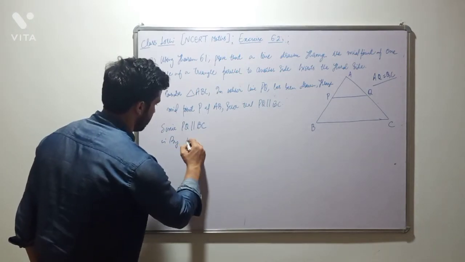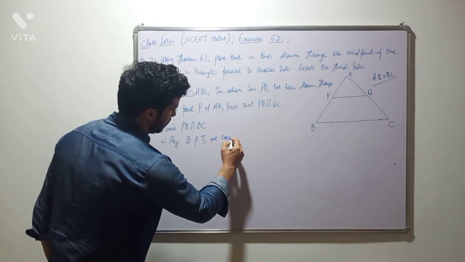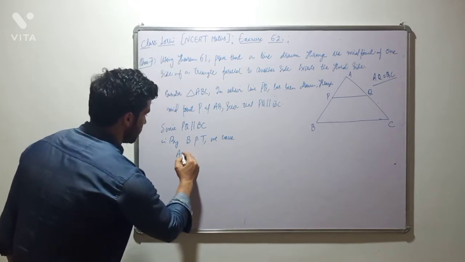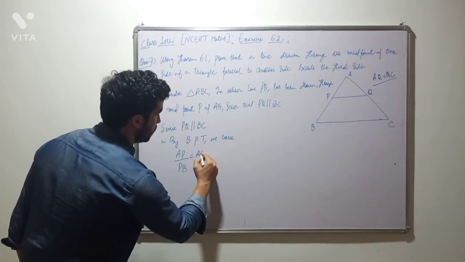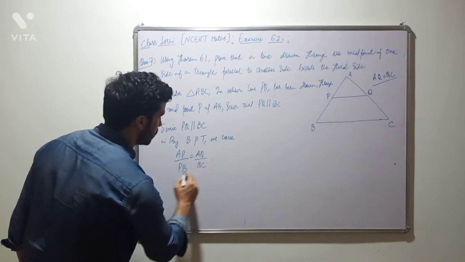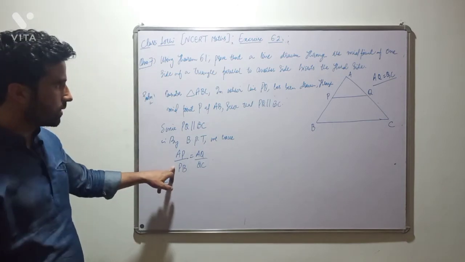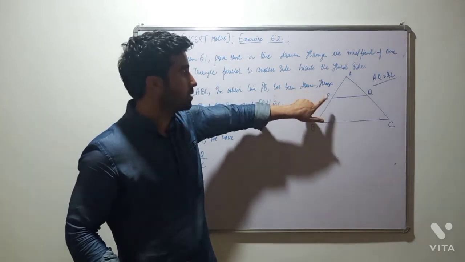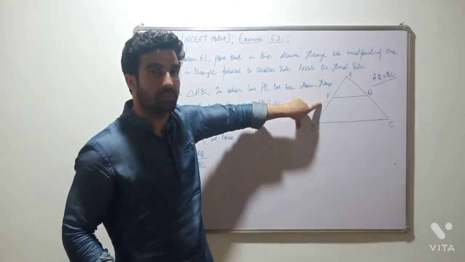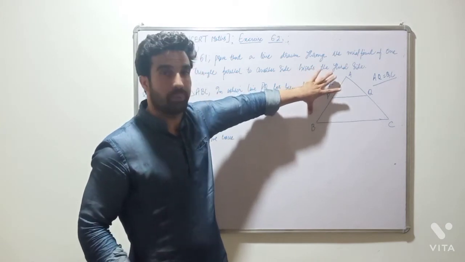Therefore, by the basic proportionality theorem, we get AP divided by PB equal to AQ by QC. What does that imply? AP by PB, but AP is equal to PB, because P is the midpoint. This has already been assumed, that P is the midpoint of AB.